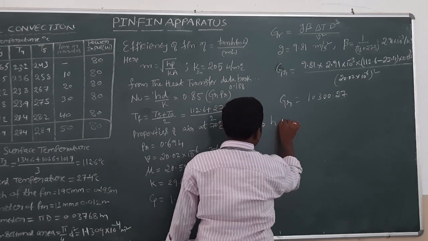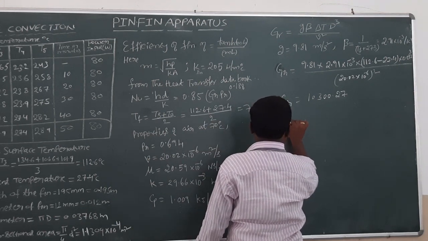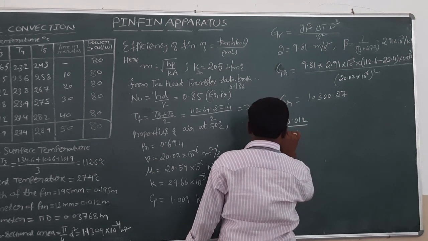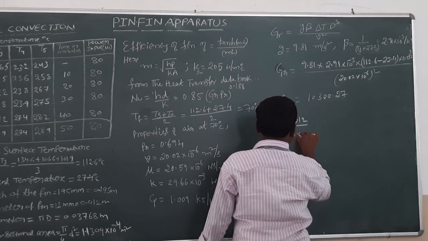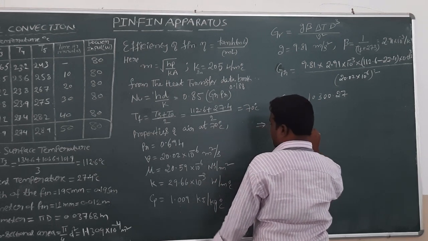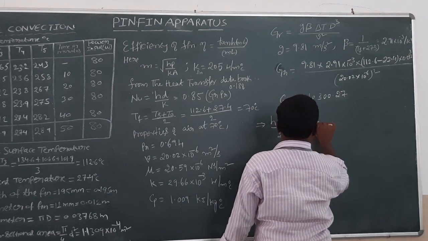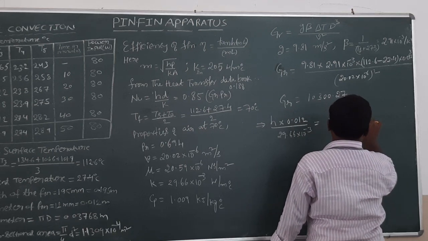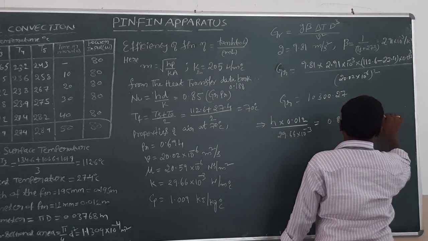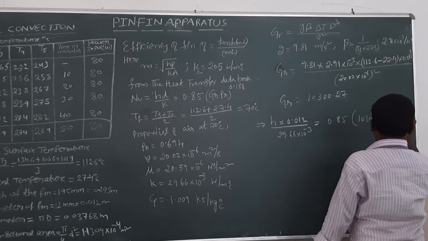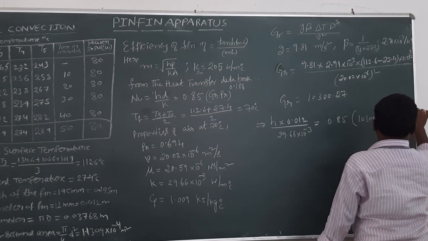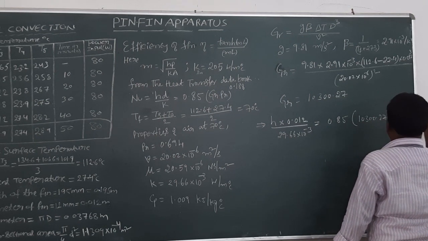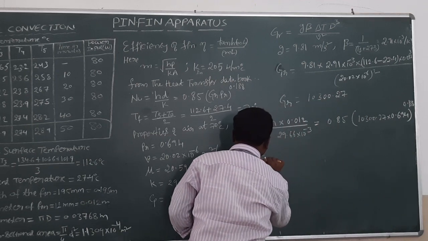That implies h into diameter 0.012 divided by thermal conductivity 29.66 into 10 to the power of minus 3 equal to 0.85 into Grashof number 103.00.27 into Prandtl number 0.694 whole power 0.188.